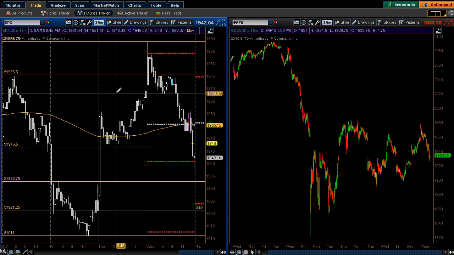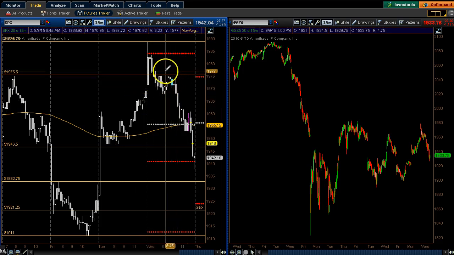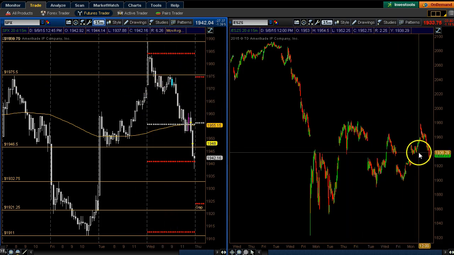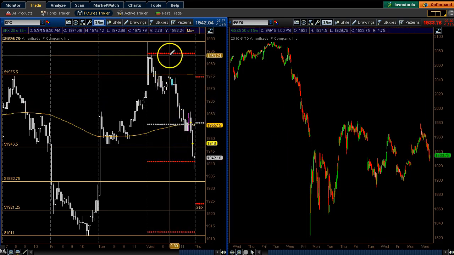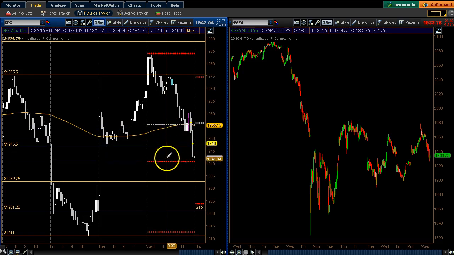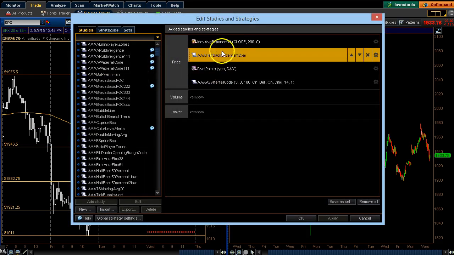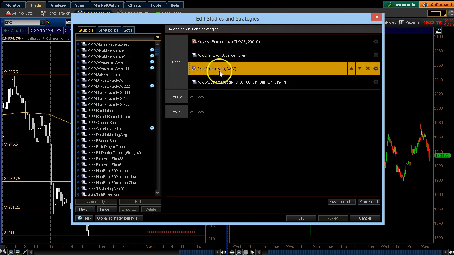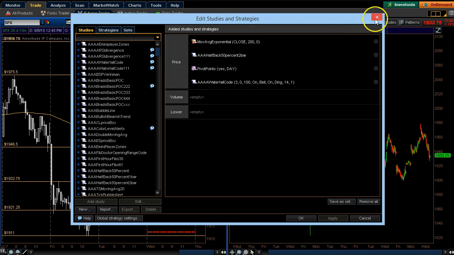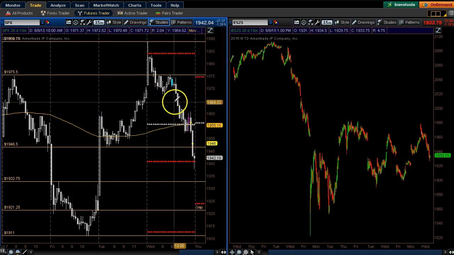I base mine some off them, and more for confirmation when I see specific things line up. Also, I have regular trading hour pivot points. These are just the regular pivot day points, and I'll just leave them right here.